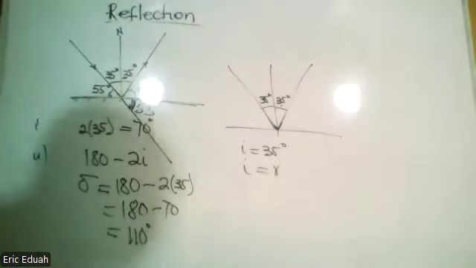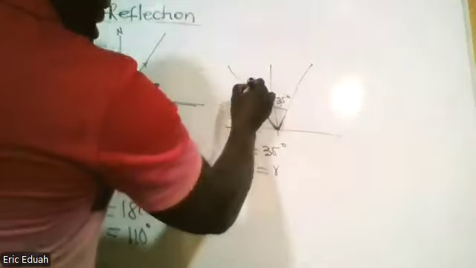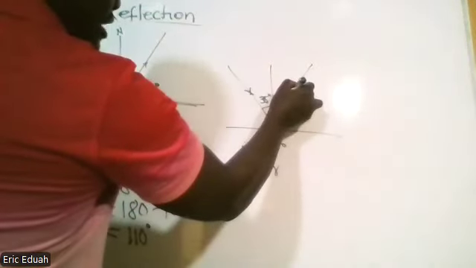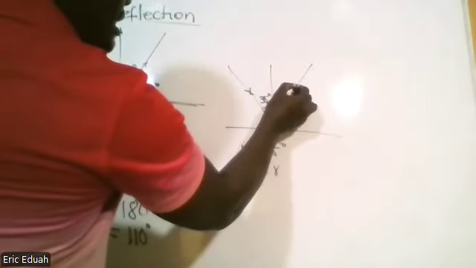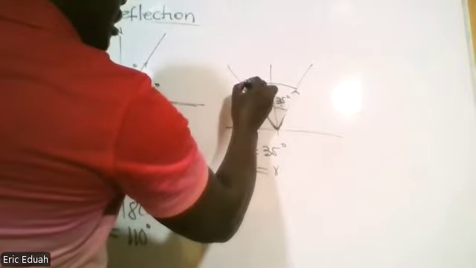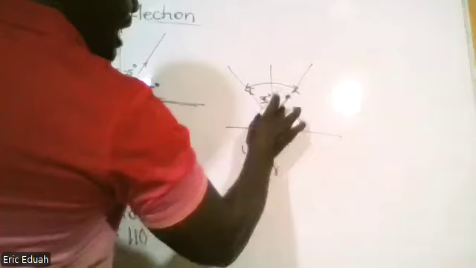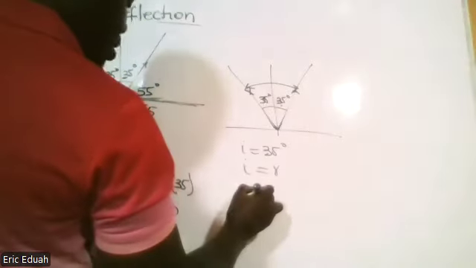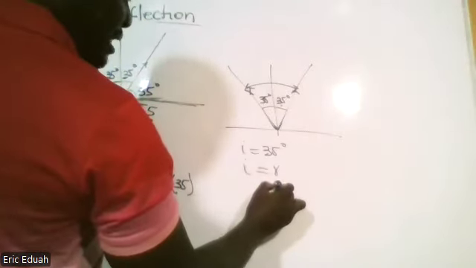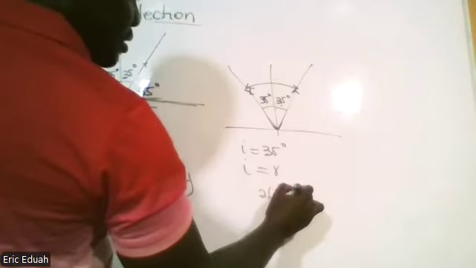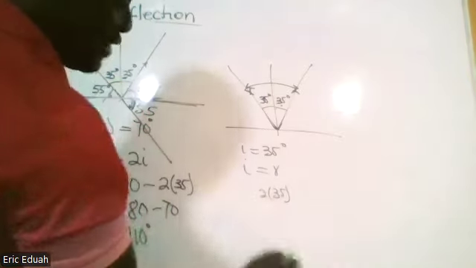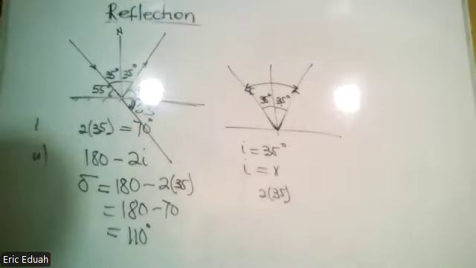The angle between the incident ray and the reflected ray is this whole angle. So 35 plus 35, or 2 times 35. Are you okay?